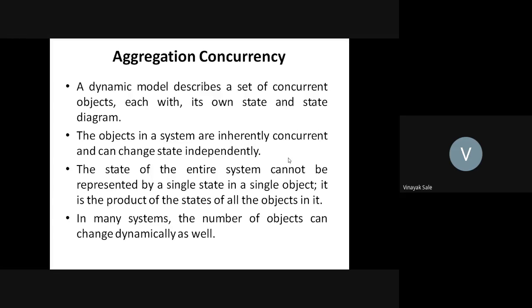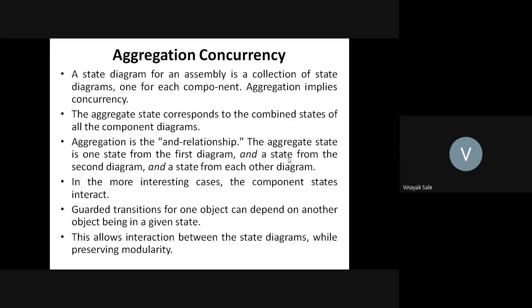In many systems, the number of objects can change dynamically as well. So a state diagram for an assembly is a collection of state diagrams, one for each component. Aggregation implies concurrency. The aggregate state corresponds to the combined states of all the component diagrams.